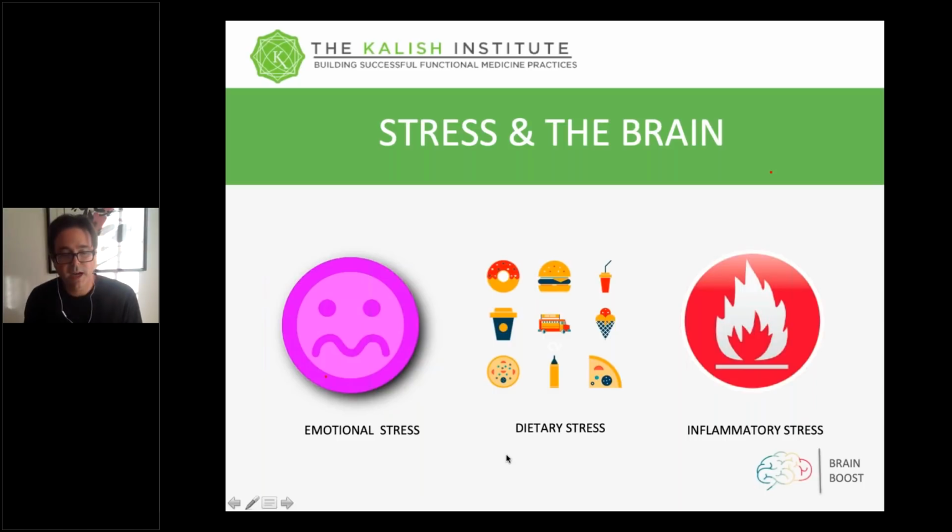So, here's another idea of that allostatic stress load, right? We have emotional stress over here, which is what all of us think about when we think of stress. This can be enough to completely drive the train off the rails. Like a bad divorce or toxic relationship, a death in the family, all of these things are profound.